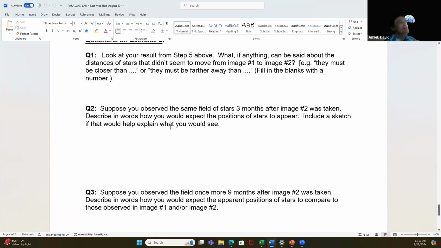All right. Question 2, suppose you observe the same field of stars 3 months after image 2. How would you expect the position of the stars to appear? Include a sketch if that will help you explain what you see.